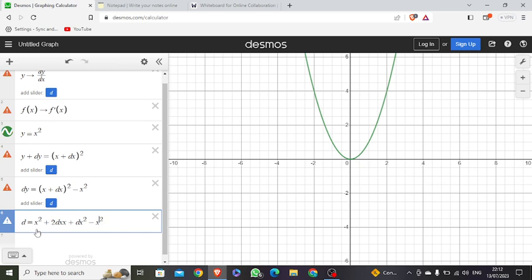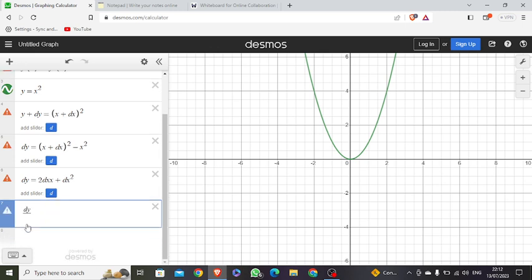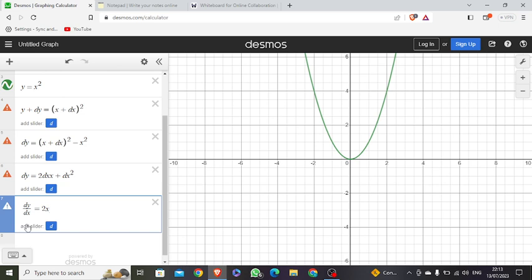We can cancel the x squared with this one, and after you simplify a bit, we get 2x dx plus dx squared. Since we want to find dy over dx, dividing by dx it'll be 2x plus dx.